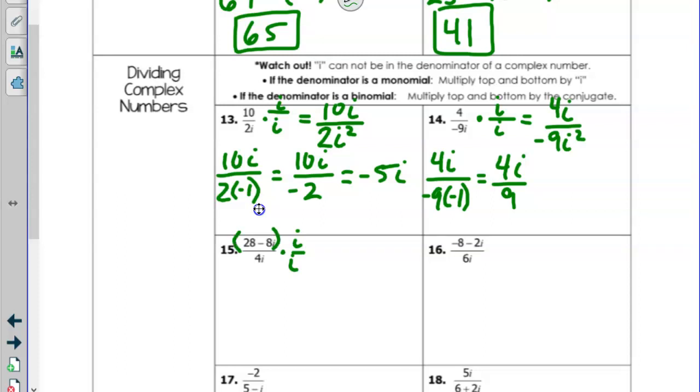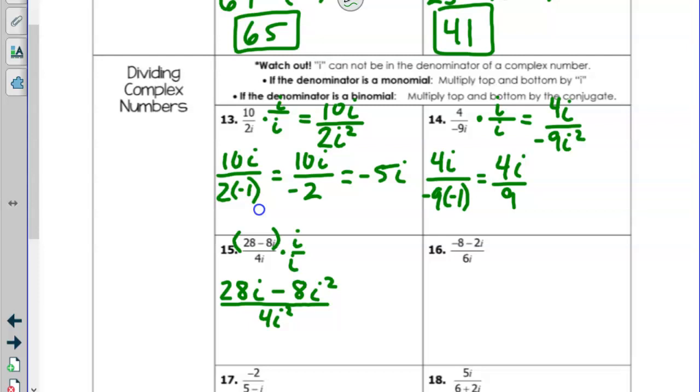So you're going to get 28i minus 8i squared. And the bottom, 4i times i gives me 4i squared. Everybody okay so far?